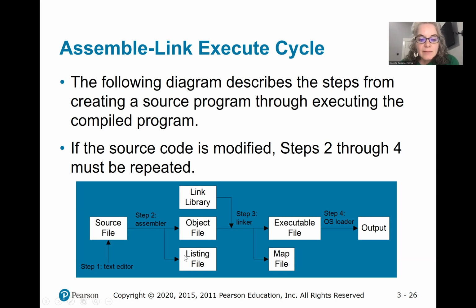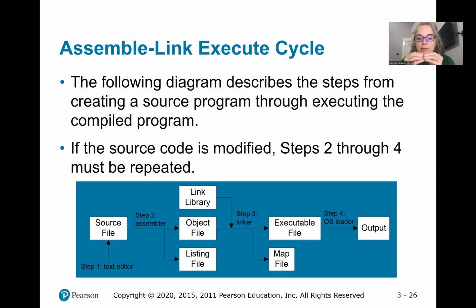It can also, at that point, create a listing file if we ask it to create a listing file, which we'll talk about next. If the object file has procedures that are in libraries, then the linker is going to take those procedures and it's going to put them together with the object file.